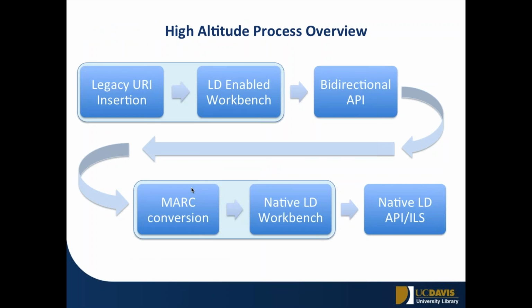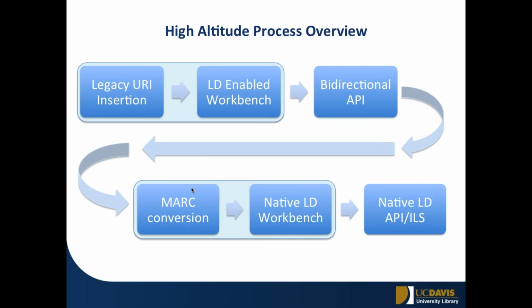So I'm going to give here just a brief overview of the very high altitude, and then I'm going to be talking about each of these boxes throughout the webinar as it progresses. So we really have a two-phase process. The first phase being this top bar, the second phase being that second bottom bar. And in that first phase is really about working behind the scenes to get our MARC converted over and get set up for the conversion.